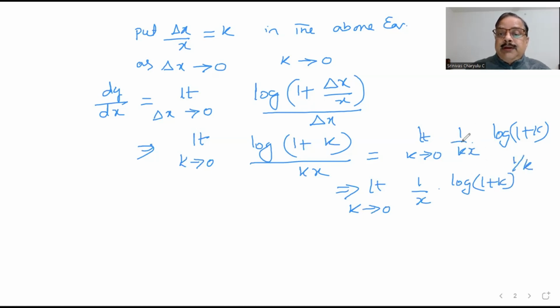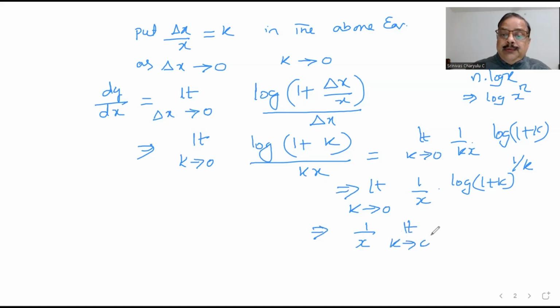This 1 by k is the power before the logarithm, like for example n log x, which is nothing but log x to the power of n. So here 1 by k log 1 plus k will become log of 1 plus k whole to the power of 1 by k. This 1 by x I will bring out.